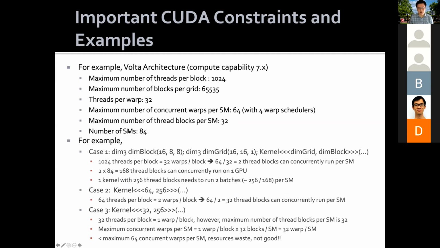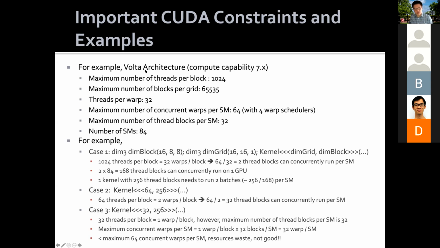And as I mentioned, for the V100, that would be 84 streaming multiprocessors. You can pay attention, all the numbers here are up to date, because so far the most powerful GPU for the server or for high-performance computing systems is the Volta architecture.